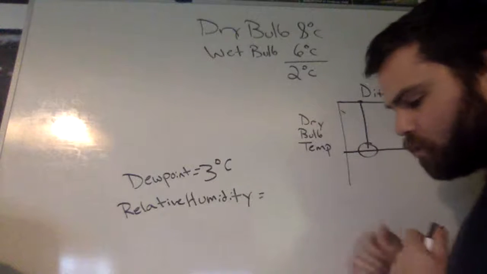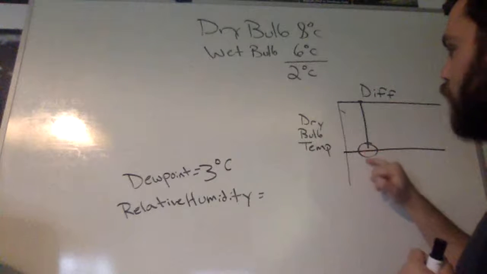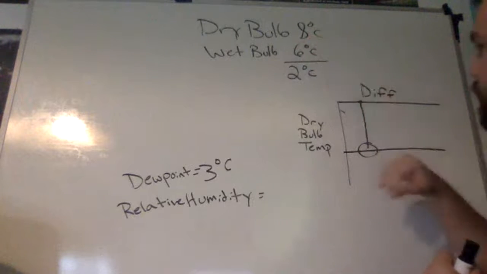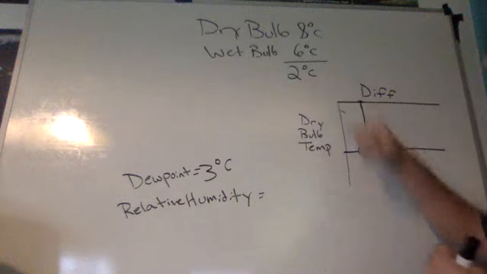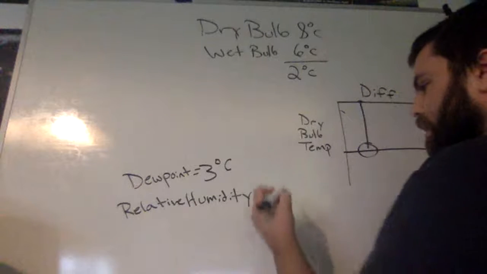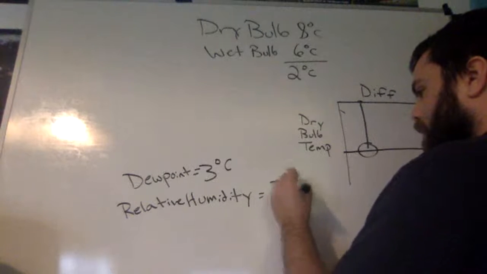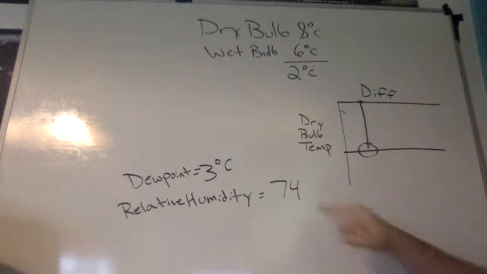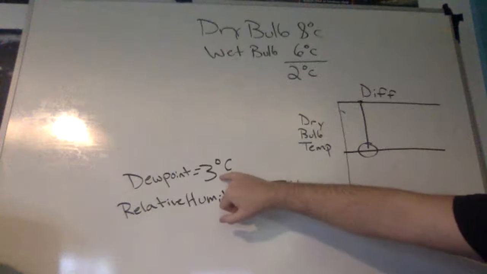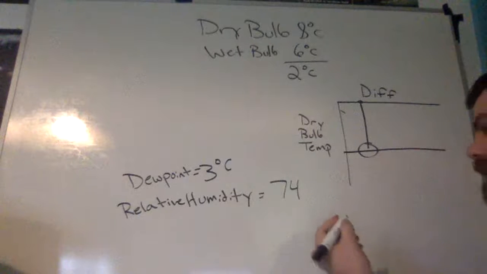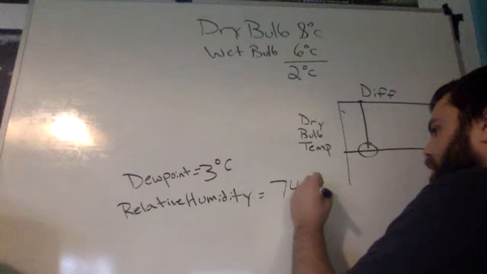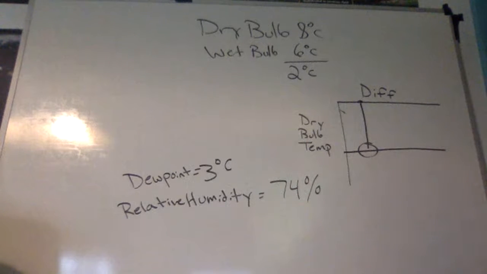If you go down to the dry bulb, which is the same, 8 degrees Celsius, and for the difference you use 2, you get a relative humidity of 74. Be careful, because we've been used to degrees Celsius, but the 74 is actually percent. It's 74%.